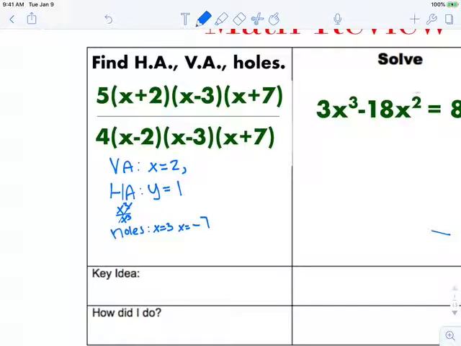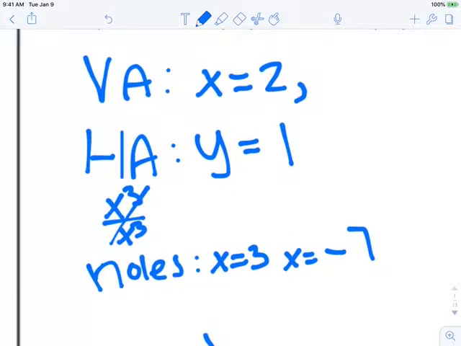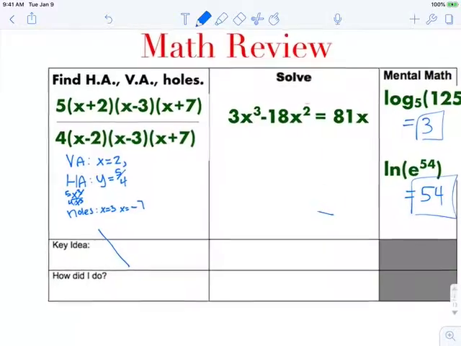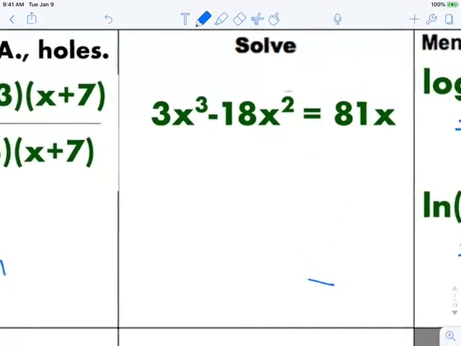X cubed in the denominator. But what's in front of both of those x cubes? Oh. So that's actually going to be your horizontal asymptote. There you go. Other than that, nice job. Yeah, got all those. Let's get started on that one.